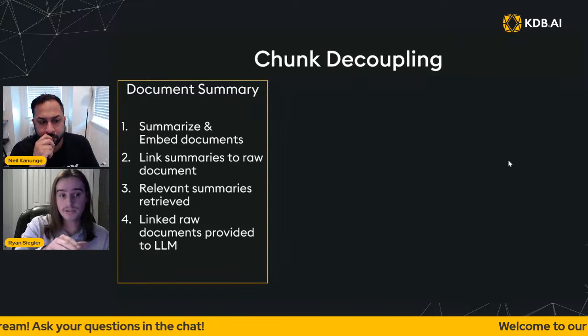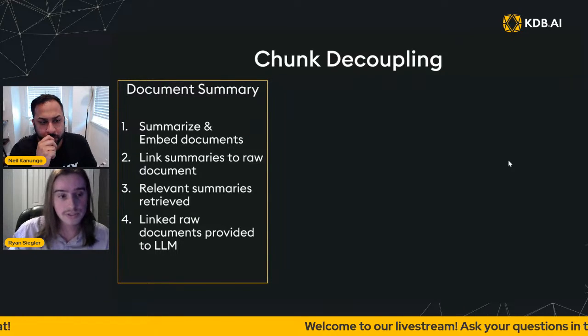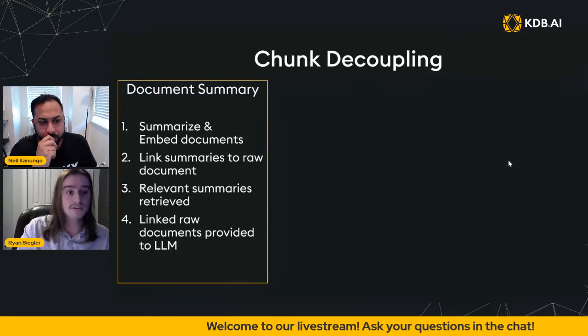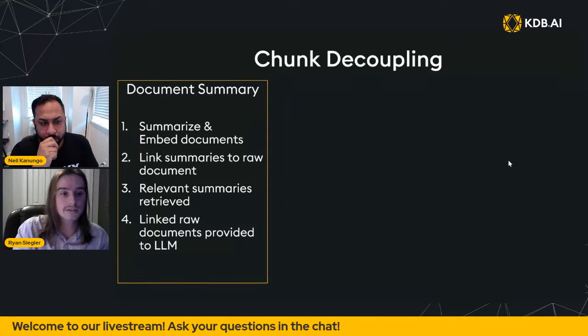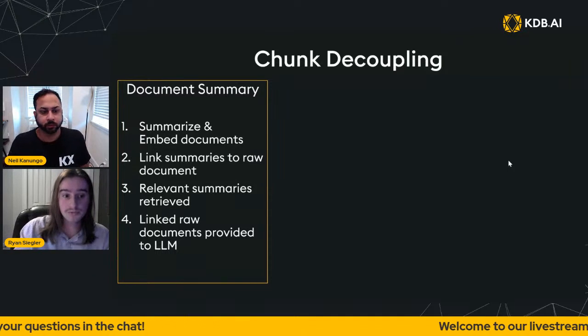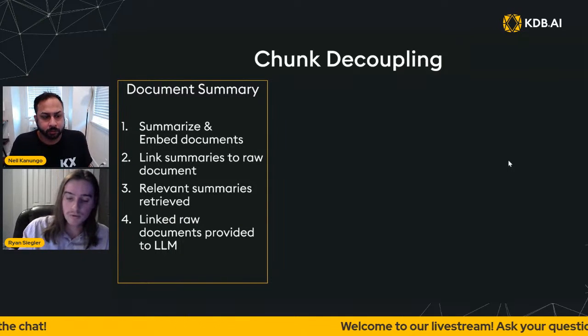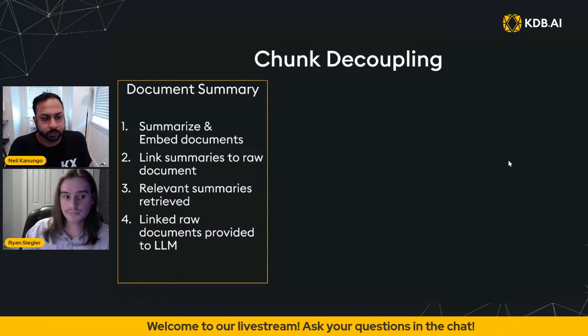And I'm going to be doing a deep dive on summarizations in the chunking presentation in a few weeks. But we can summarize these documents. So the summaries obviously will be much smaller than the documents themselves. We'll embed those summaries and then store those summaries in our vector database. But what we can do is link those summaries to the original raw document.